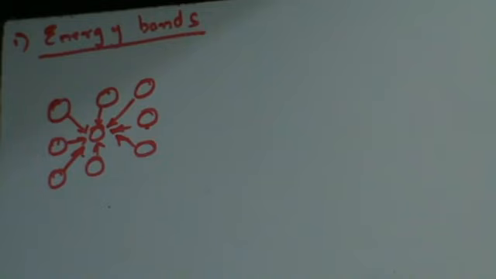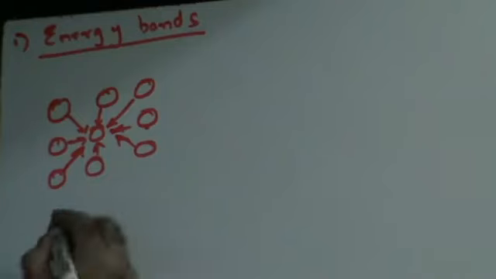Instead of a single energy possessed by every orbit of the electron, due to the forces of the adjoining atom, there is a band of energies possessed by every orbit. And these are called energy bands, right?